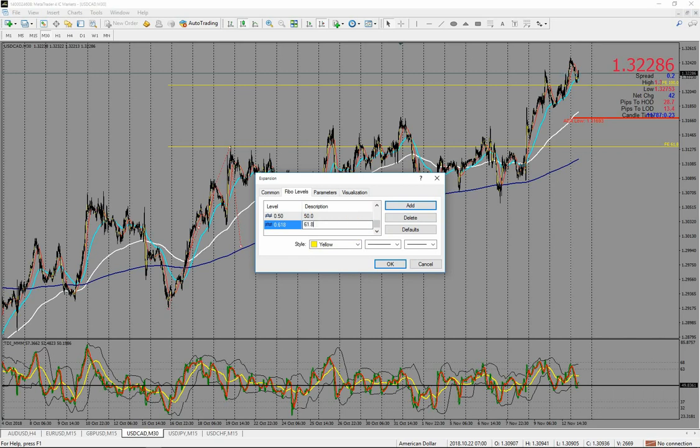That's my 100%. So I want to be taking positions along this area, so the 38, the 50, and the 618. Let me just do that real quick. Yeah, I think it's good.